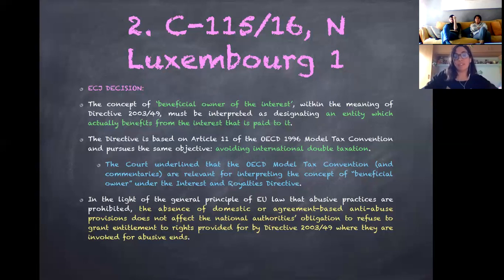And the Court of Justice underlined that the absence of any domestic regulation or any domestic law provision does not affect the national authorities' and the national courts' obligation to refuse to grant this right provided by Directive 2003/49.